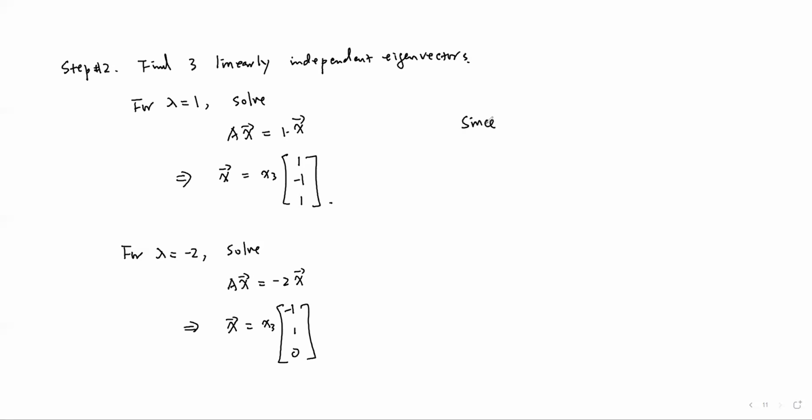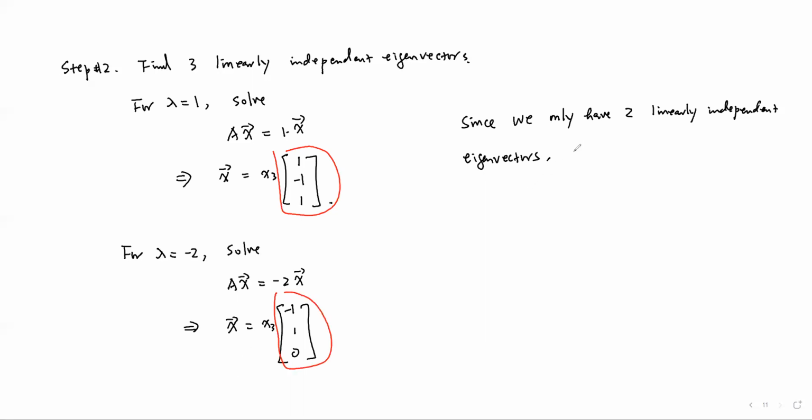In conclusion, since we only have 2 linearly independent eigenvectors, this one and this one, we cannot form matrix P. P is 3x3, so it has 3 columns, and those 3 columns should be linearly independent.